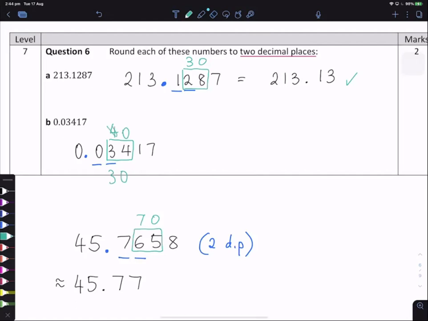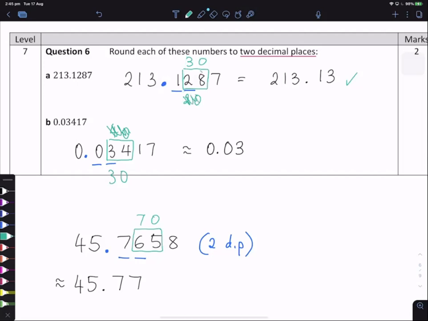So I'm going to scribble this one out. So you can see here, now we just want 0.03. So that 3 there stays as a 3. Likewise here, you can compare that to a 20 or a 30.